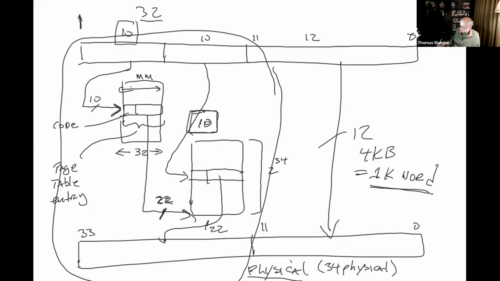So 1,000 1K words, and then above it we have 1,000 of these 1,000. And so we go through this table walk to generate any mapping, a two level table walk. Okay.